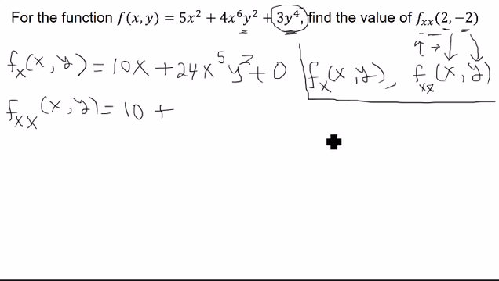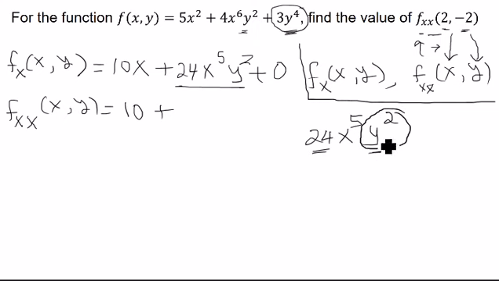So in the second line here, 24 x to the 5 y squared. So the coefficient 24 of course is a number, and y squared is also going to behave as a coefficient, so it's going to be 24 and then y squared is one single coefficient, and then x to the 5.